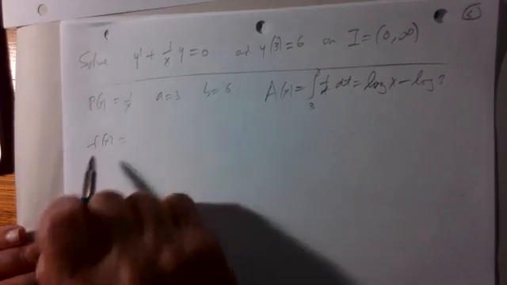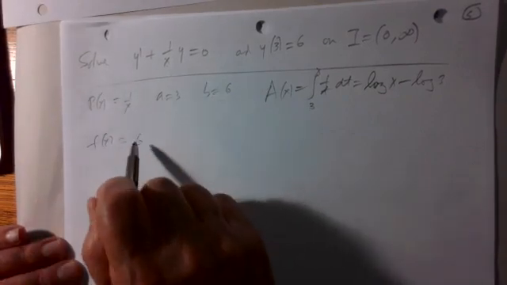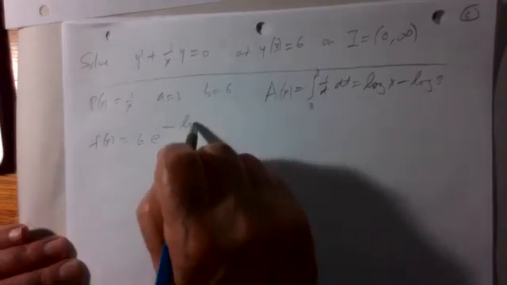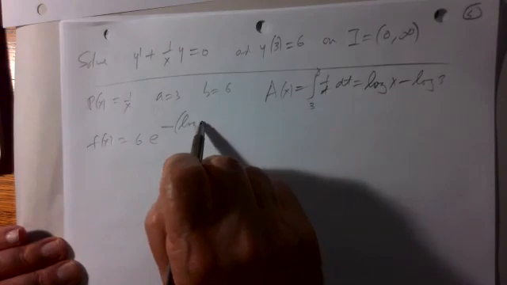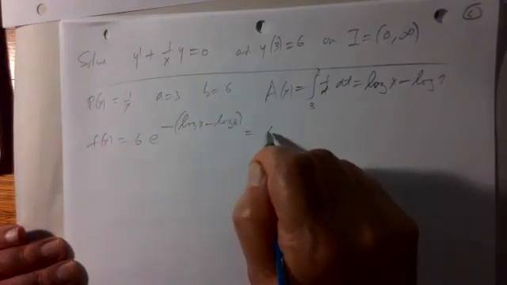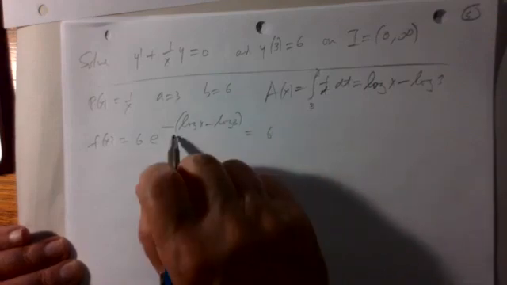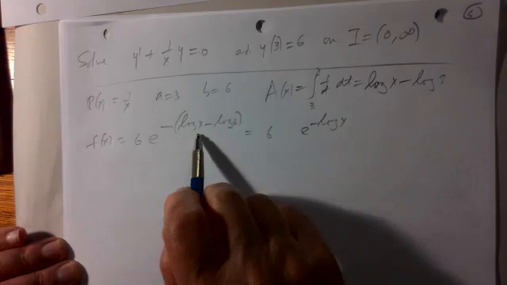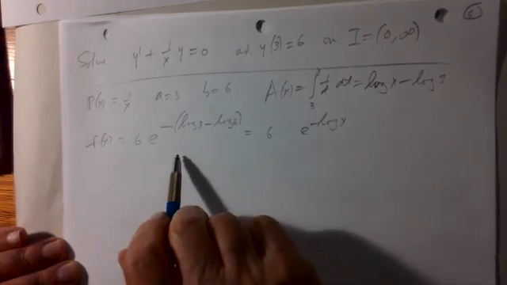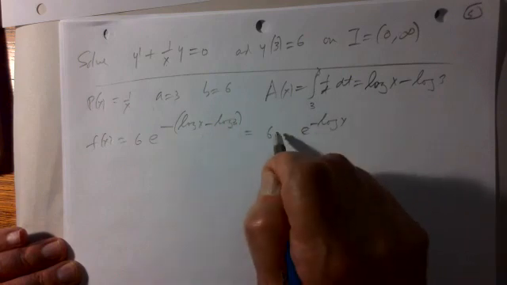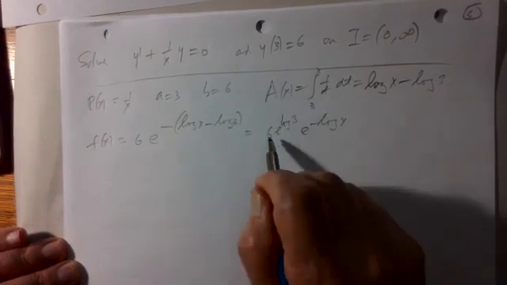So f of x is b, that's 6, e to the minus A of x, e to the minus log x minus log 3. So this is 6 e to the minus log x minus e to log 3.